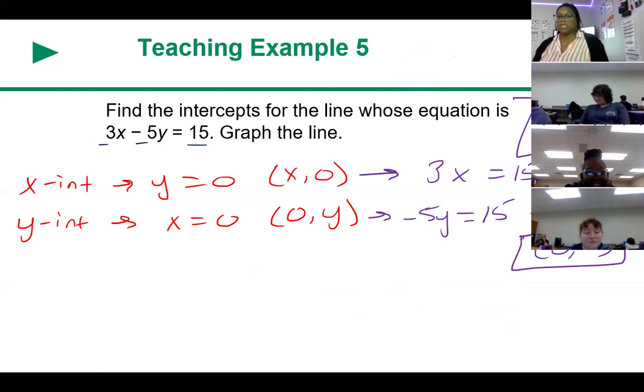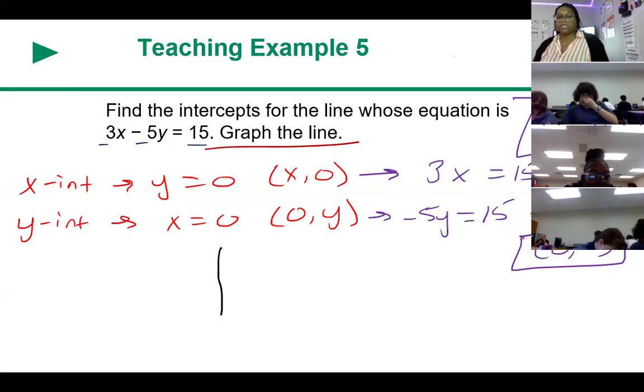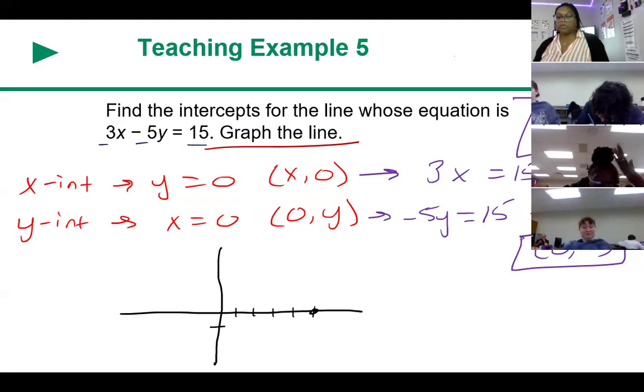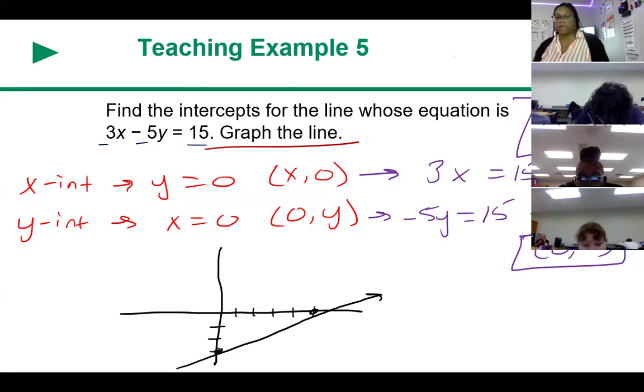All right, so here it says graph the line. What makes it nice about with your y-intercepts is that when you're graphing the line, you only have to worry about the x and y-intercept. So if I'm graphing, I'm going to go to 1, 2, 3, 4, 5. I'm going to go down to 1, 2, -3, and then pretend that this is the straightest line you've ever seen and that I went through both points.